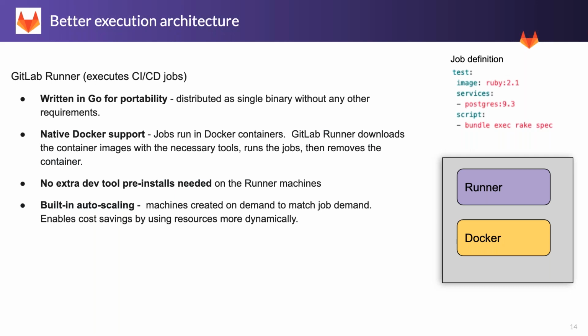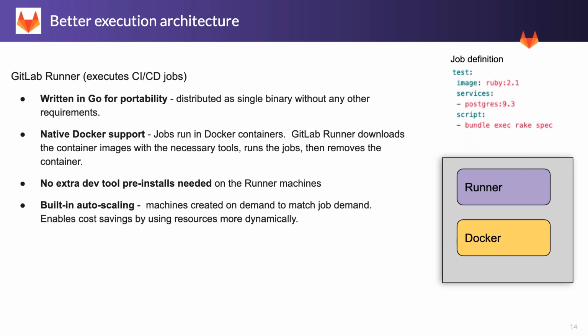So if in Jenkins you have the build slave, and then you need on that VM to make sure to install all of the build tools like Java and Ruby and all of the things that you need in order to run your job, you don't have to take care of that in GitLab, because when the job starts, it will download a Docker container image and services, and run all of the job inside the container. When the job ends, it will revert the machine back.